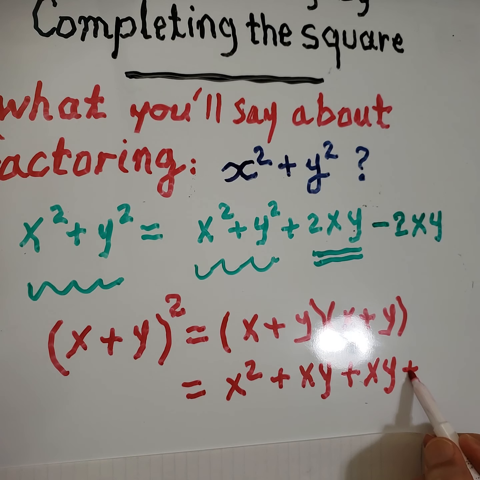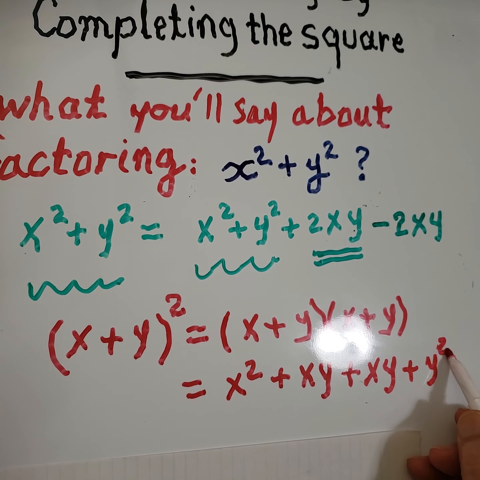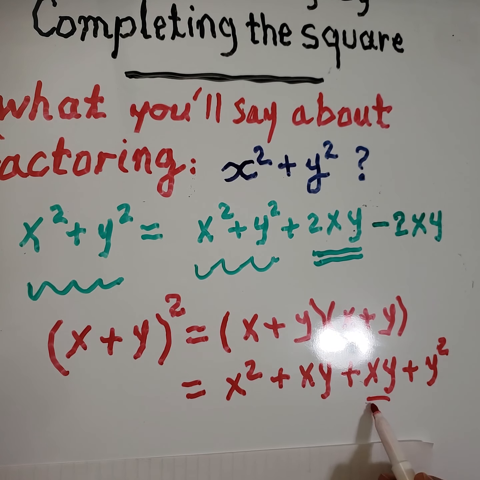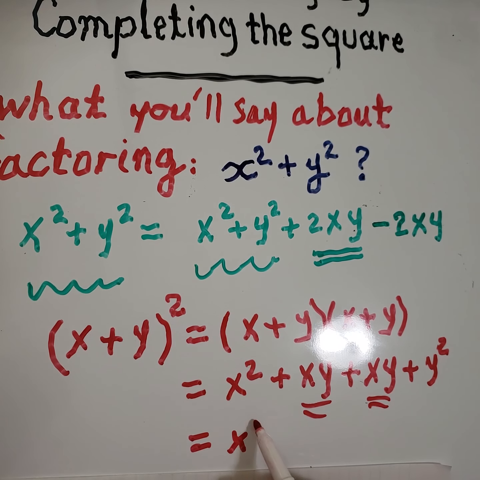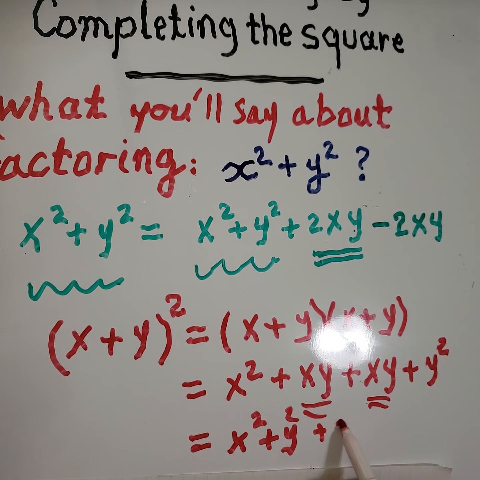Then y times y, that means y squared. And those can be added together, which means you have now x squared plus y squared plus 2xy.